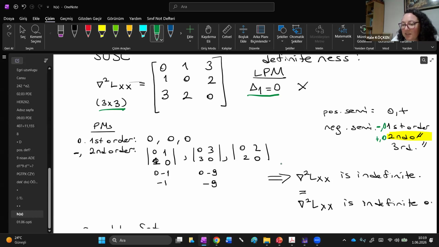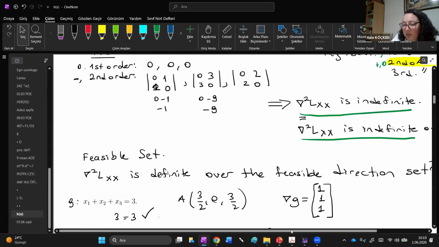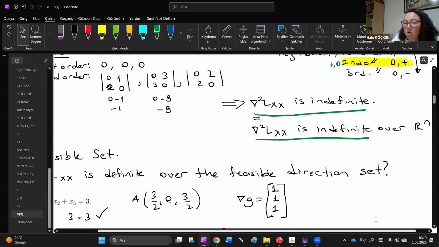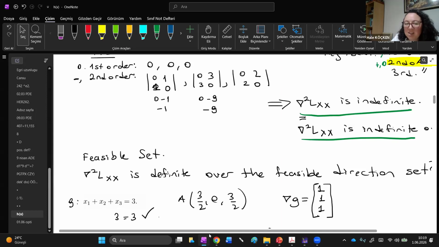So we conclude that it is indefinite over R^n. Since it is indefinite over R^n, it is not necessarily indefinite over the feasible set. So without writing the feasible direction set, you cannot decide the definiteness.